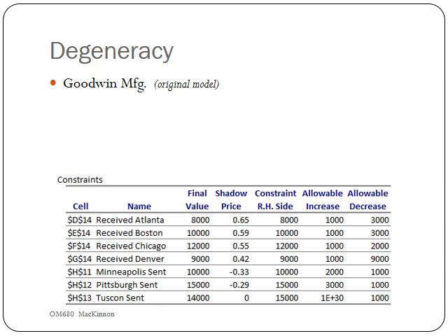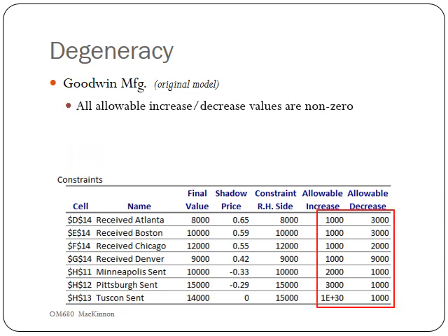All right, let's talk about a condition known as degeneracy. Sounds kind of serious, doesn't it? Let's take a look at Goodwin Manufacturing. This is our original model. Some things I want you to notice about the constraints portion of the sensitivity report: all allowable increase and decrease values are non-zero.